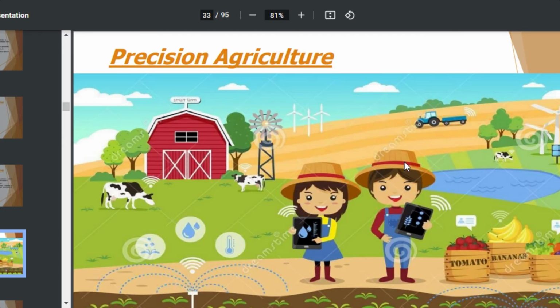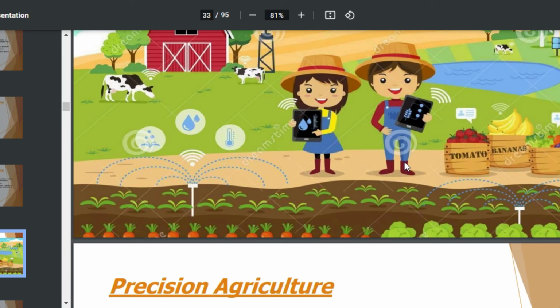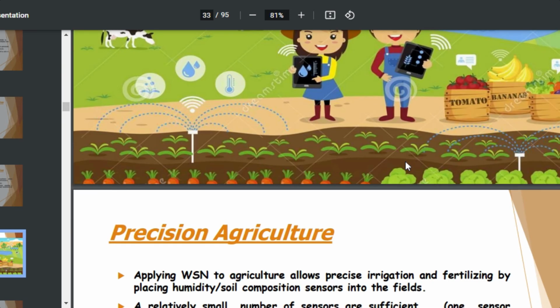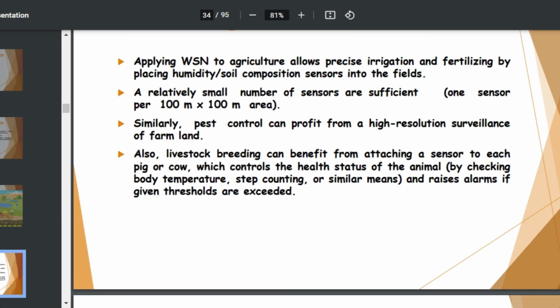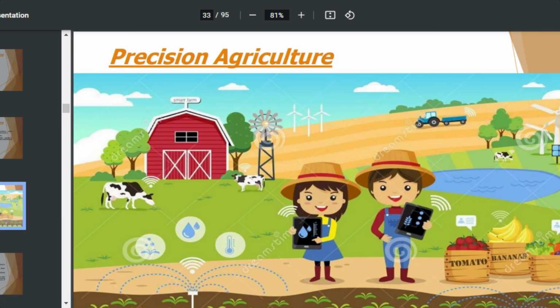And then precision agriculture. Nowadays, we are having very different types of agriculture in order to improve irrigation as well as fertilization, and here we are having pest control. In order to increase livestock breeding, we can make use of precision agriculture in a greater way.